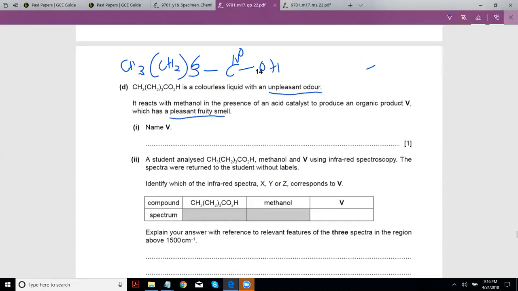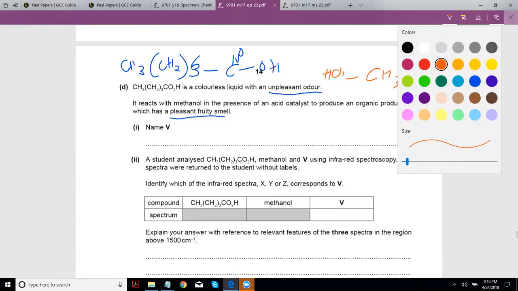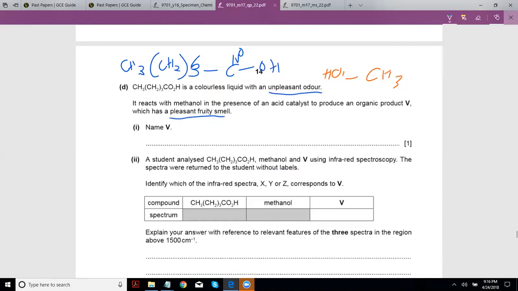Let me draw this with a different color. You have CH3OH, methanol, right, and esterification happens. This forms H2O, and then the rest of the thing just combines. So name V.